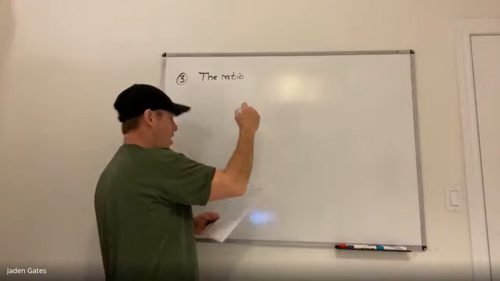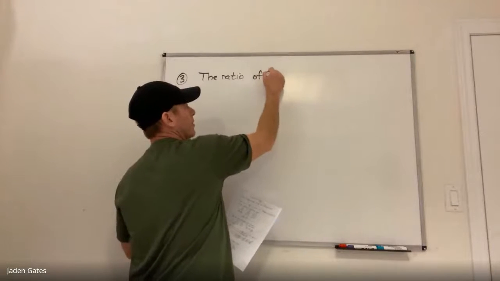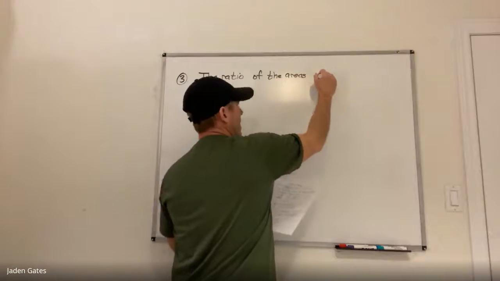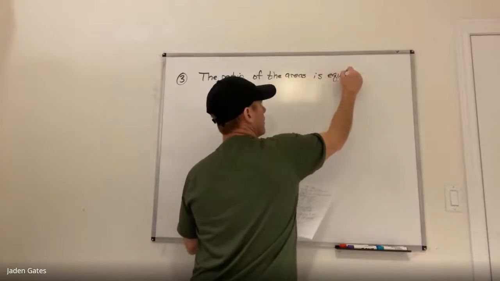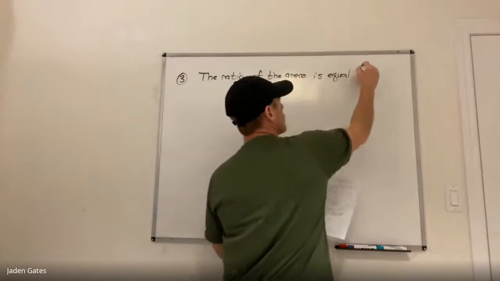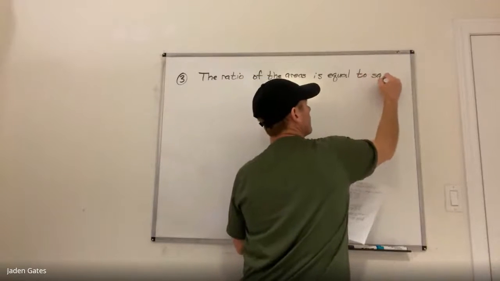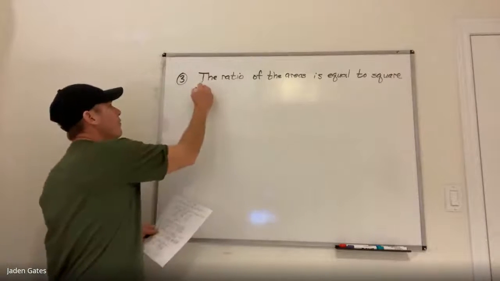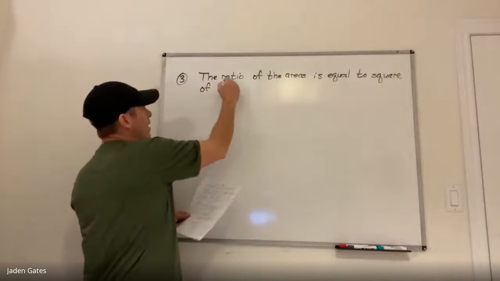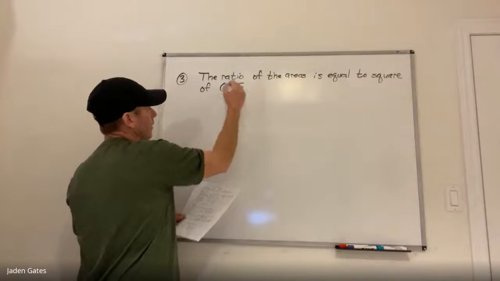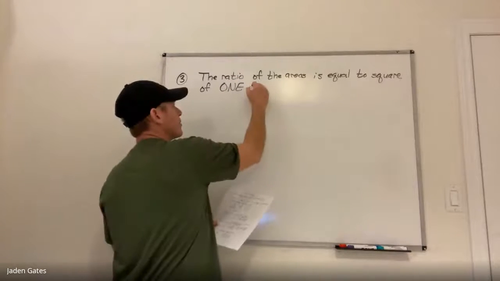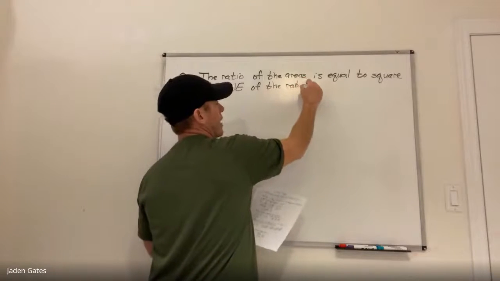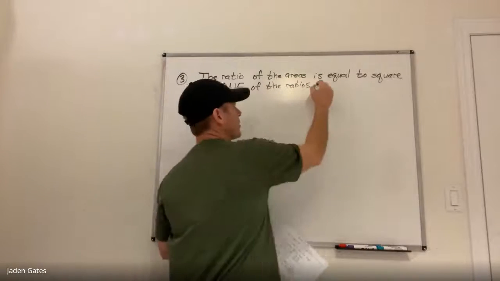The ratio of the areas is equal to the square. So we're going to be squaring something of the ratios. So we have a fraction we're going to be doing of matching sides.